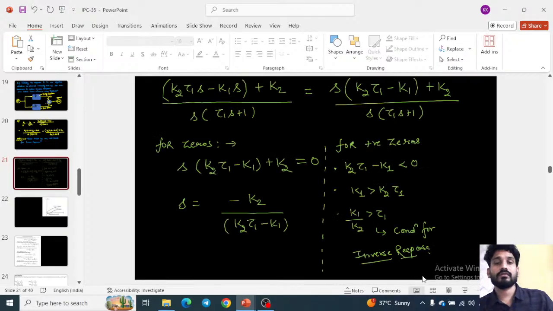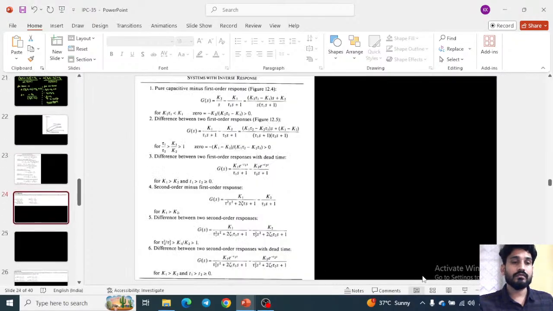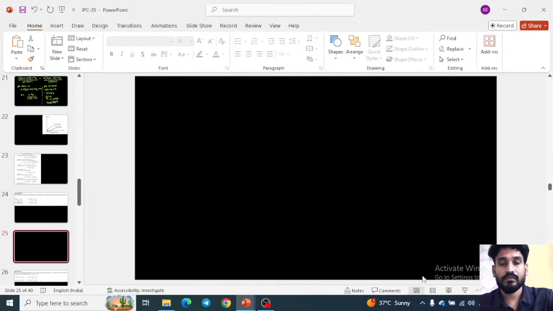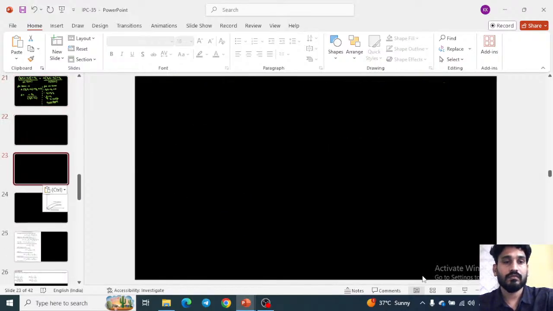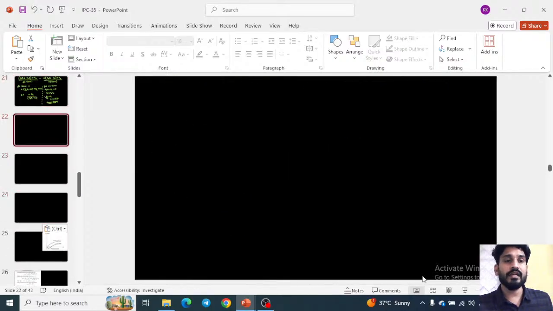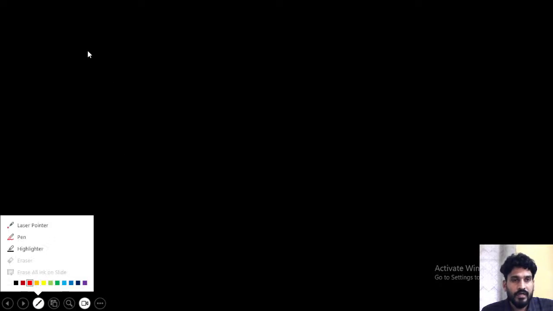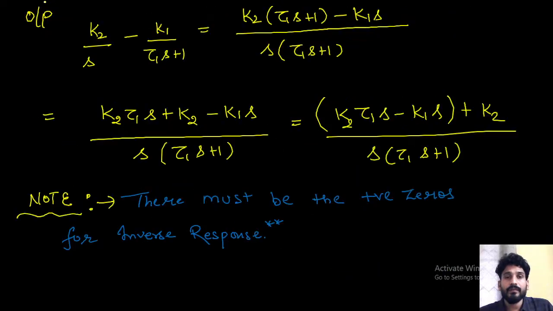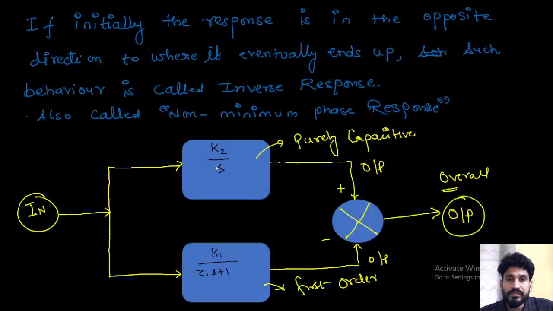Let's suppose that we have two first order processes. In the previous example there are two processes in which one is purely capacitive, the other is first order.